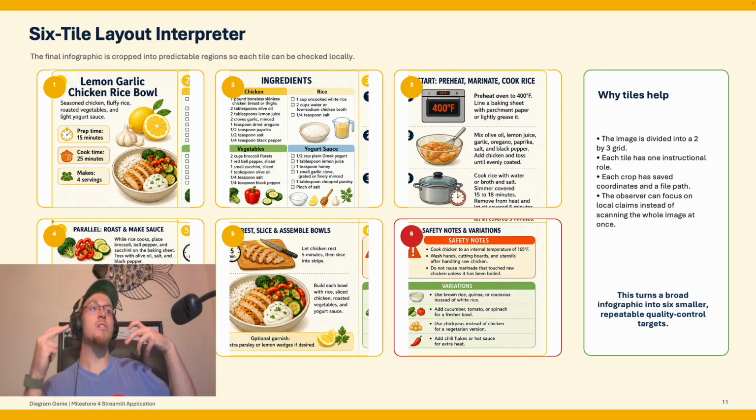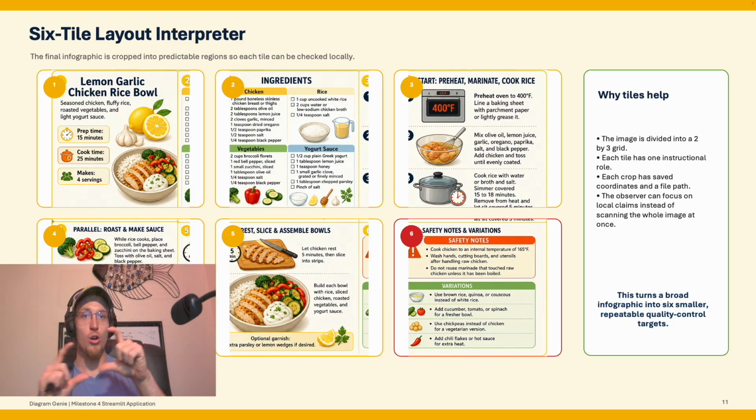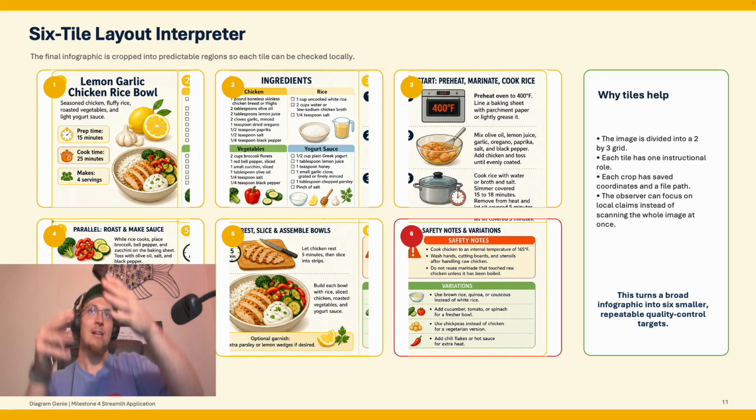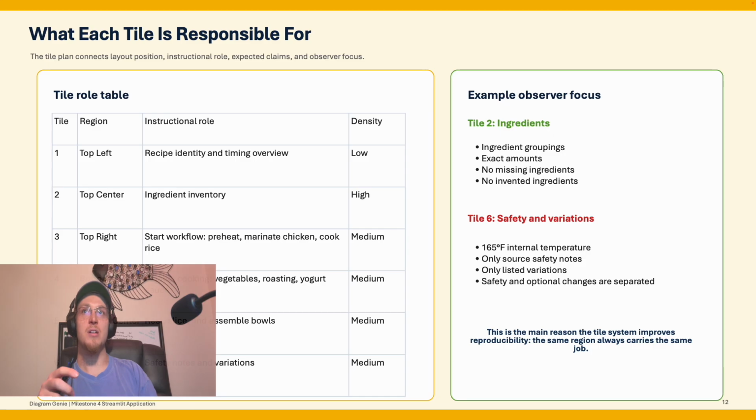It really increases the quality control of the targets that you're putting into the model, and the crop has been done to really cut it up and more granularly look at the derivatives of what has been output and use your model to look at each of the images that are here, and this is what each tile is responsible for. It is very clear about the roles of the tiles and gives more structure to what you're producing.